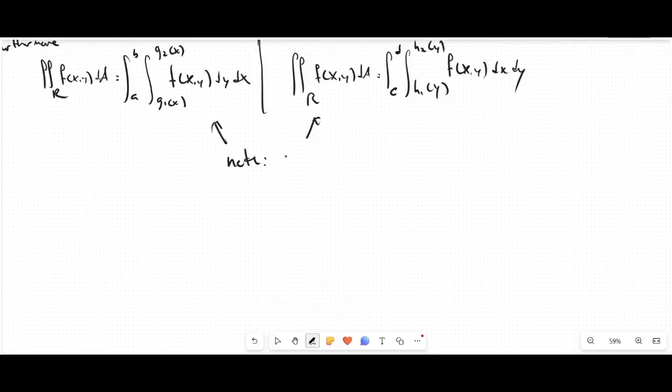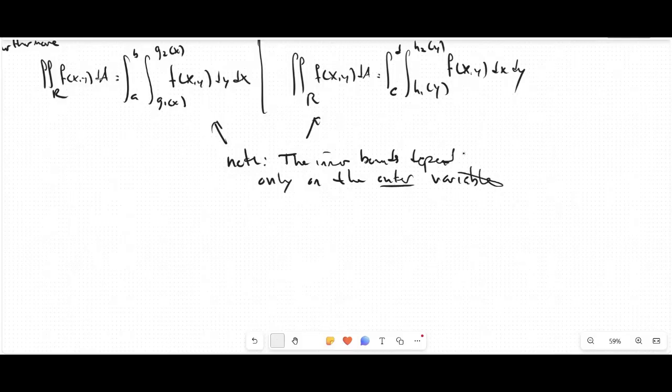Note the inner bounds. So in H1, H2 of Y, G1, G2 of X depend only on the outer variable. It's crucial that you understand this.